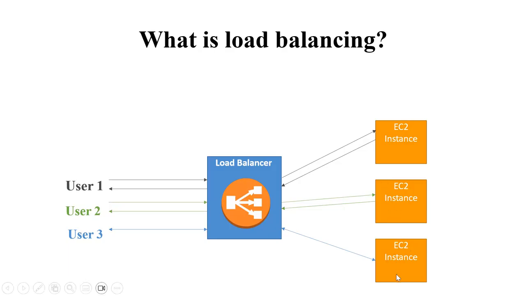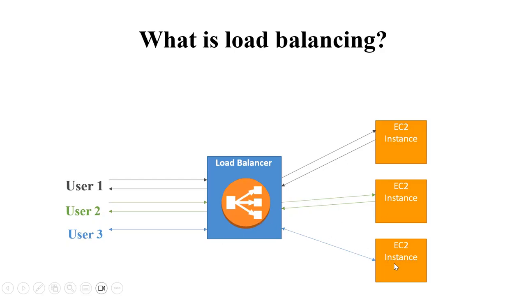Whichever service the application is running on, if it is running on Tomcat, or on the HTTPD service, whatever service you have, you need to define that service health check in the load balancer. The load balancer receives the request, and if the service health is okay and multiple services are healthy, it uses the round robin algorithm, not random. The first user request goes to the first EC2 instance, the second request to another instance, the third user request to the third instance.